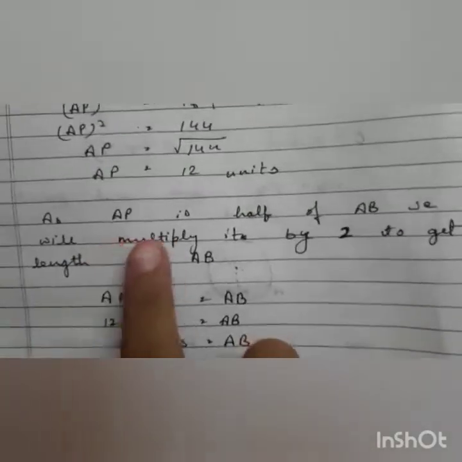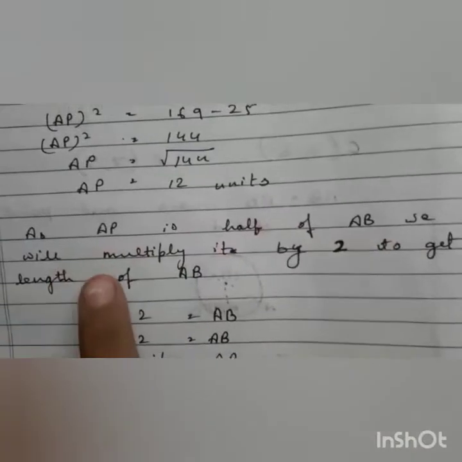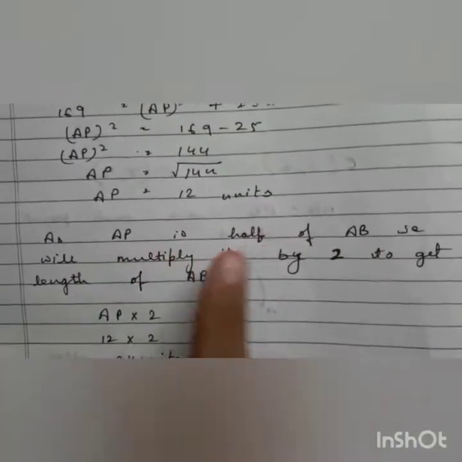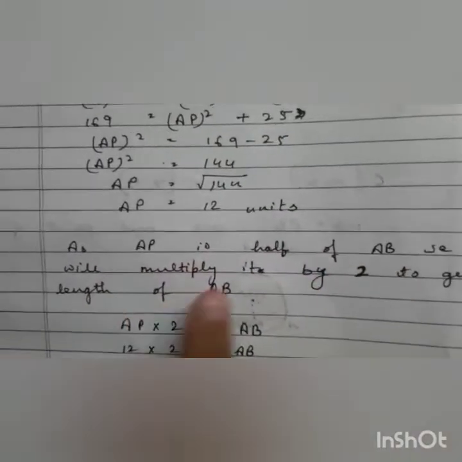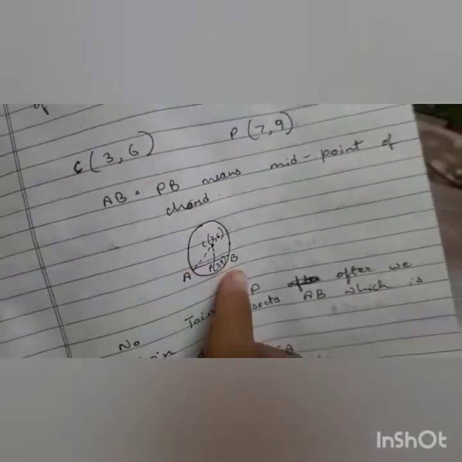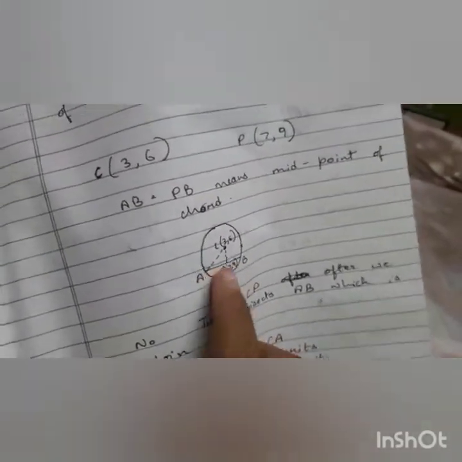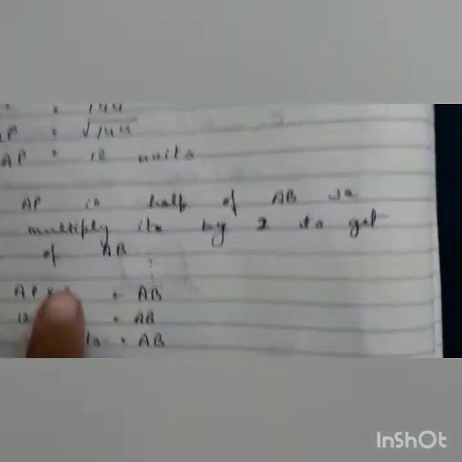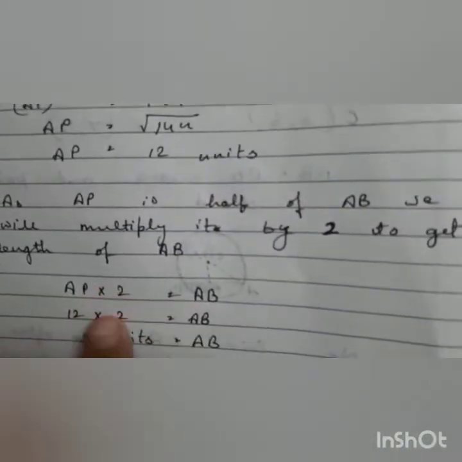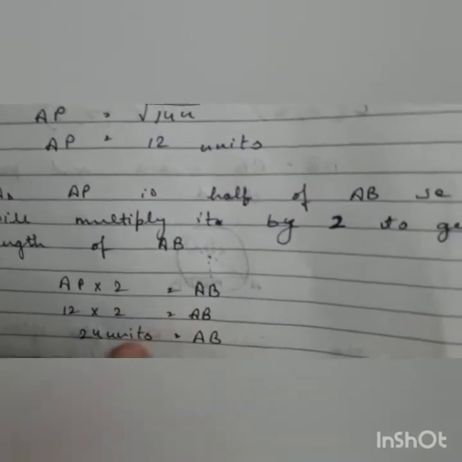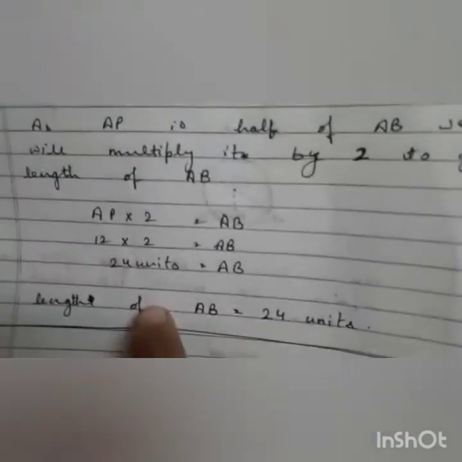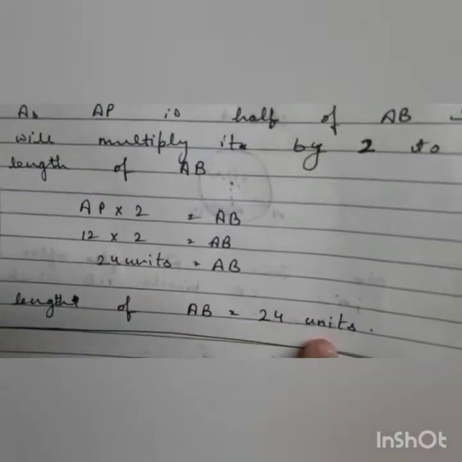So as AP is half of AB, we will multiply it by 2 to get the length of AB, which we can see in the diagram. 12 into 2 equals AB, which is 24 units. Length of AB comes 24 units.